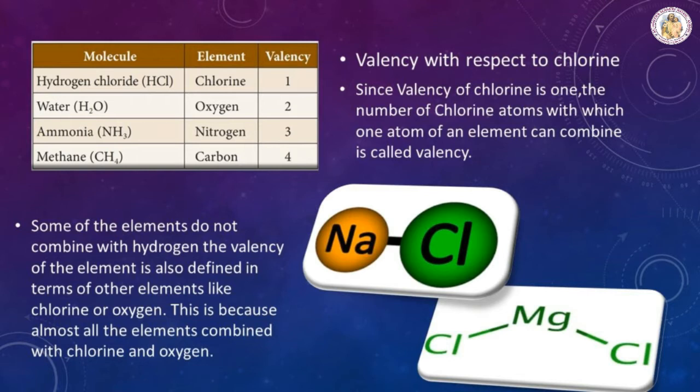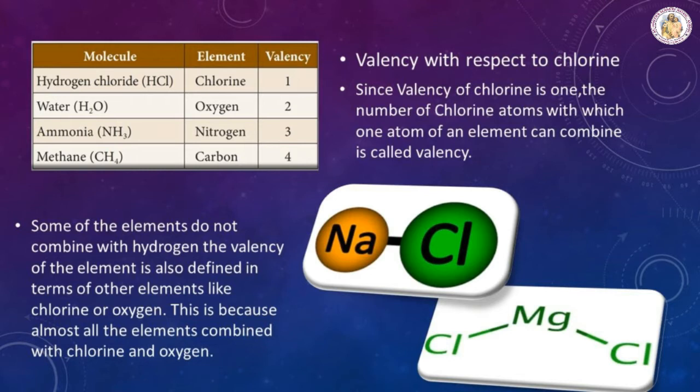Next, in ammonia, the valency of nitrogen is 3 because nitrogen is combined with 3 hydrogen. Next, in methane, the valency of carbon is 4 because it is combined with 4 hydrogen.